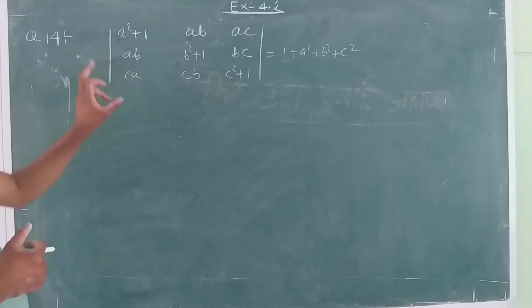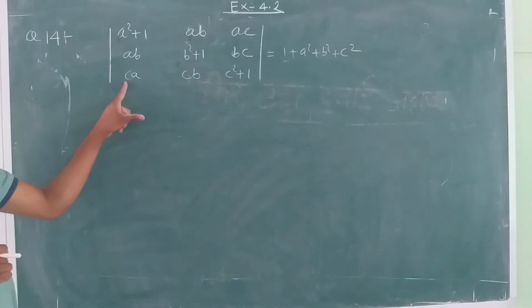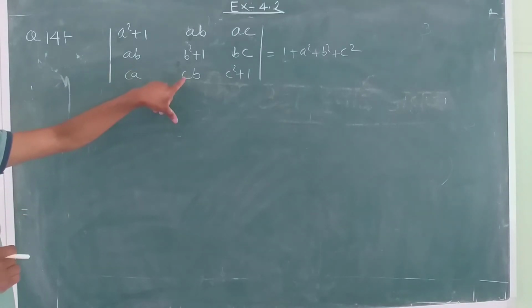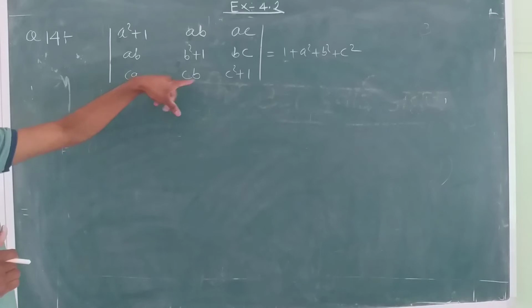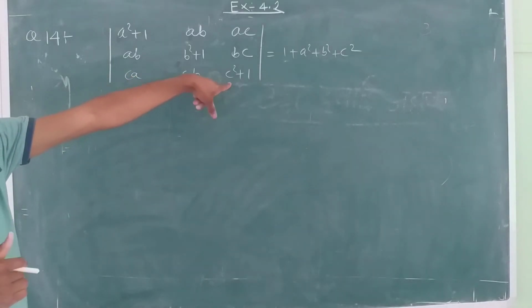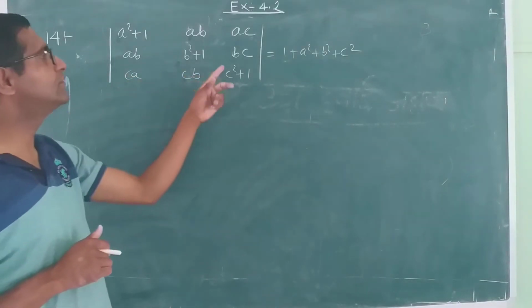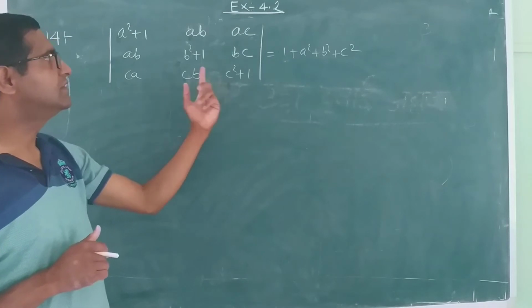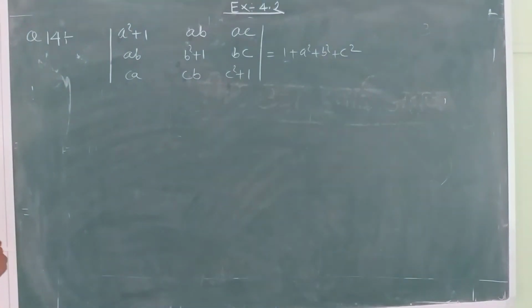In the third row, the first element has C and the second element also has C, but be careful, the third element also has C.